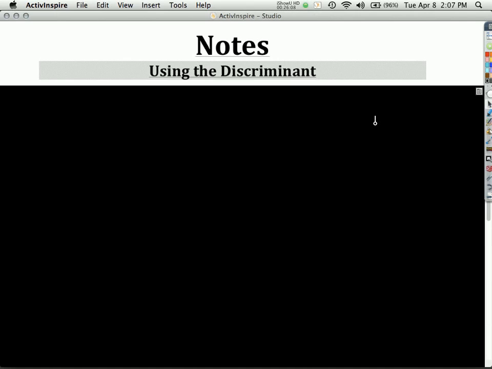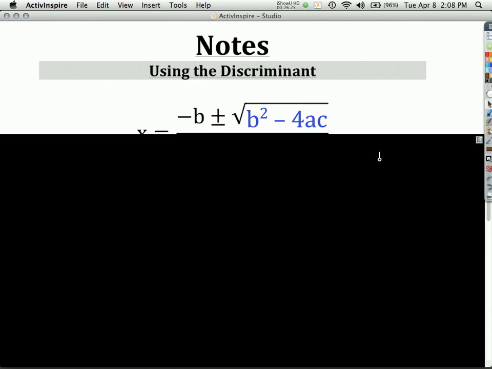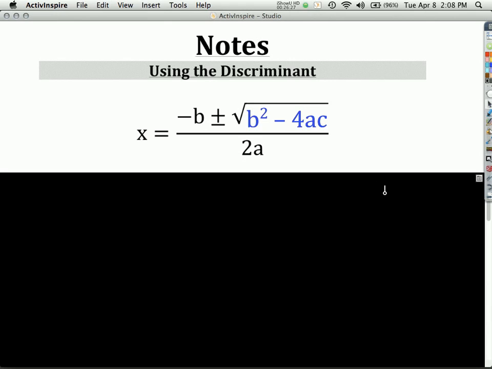We're going to start out with the first concept, the idea of the discriminant. Using the discriminant. That's a difficult word. So you have to know the word, you have to know what it is. The discriminant is one expression from the quadratic formula. The discriminant is b squared minus 4ac.